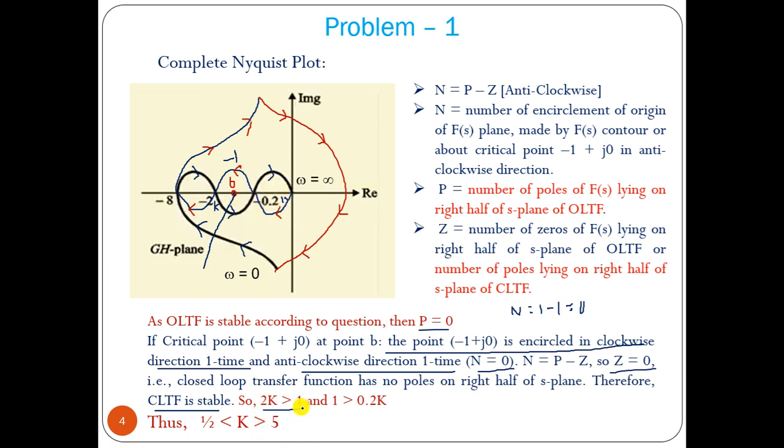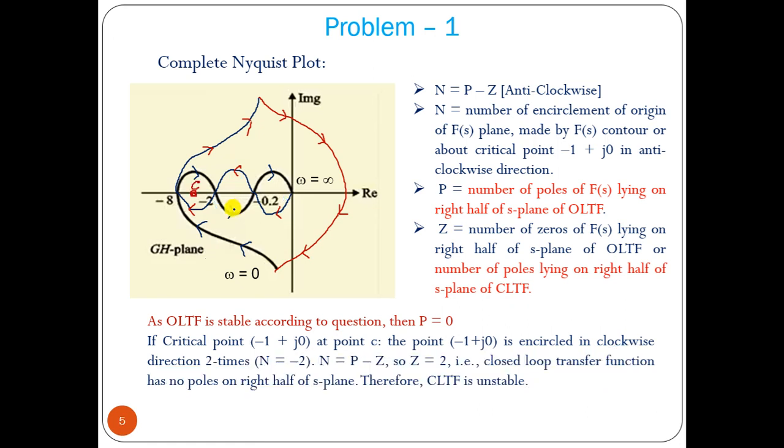So 2k greater than 1, this point is minus 1. We can take magnitude, we can neglect the negative sign. So 2k greater than 1 and 1 greater than 0.2k. These are the two conditions. From these two conditions we can find out the stability. This is the first condition, right? So k should be greater than half and k should be less than 1 by root 25. So that is the range of stability from this point B.